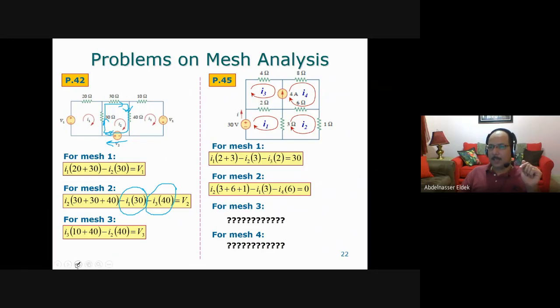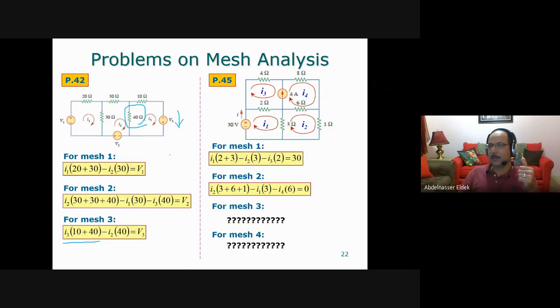For the last mesh, the main current is I3. I3 times 40 plus 10, minus, since mesh number 3 intersects with mesh number 2 in the 40 ohm, minus I2 times 40, equals the source, which is V3.